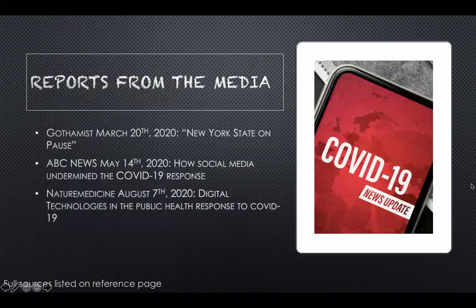All right, so from the media standpoint, I picked out 3 articles that explain how the media is responding to the coronavirus pandemic. First, we see an article that was about New York State specifically, but I liked it because it did show what each state is doing for their response.